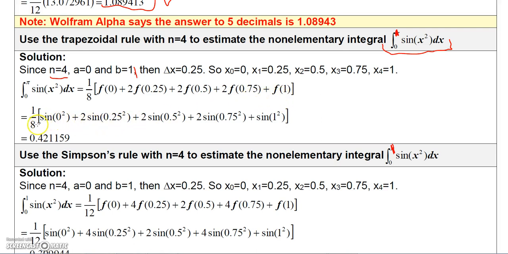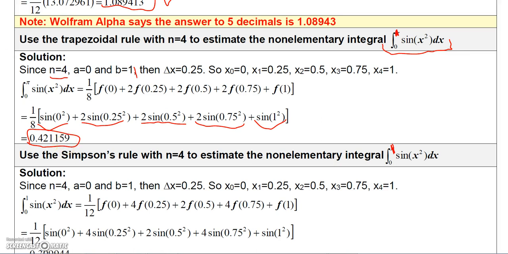So basically you'd be calculating the sine of 0 squared plus 2 times the sine of 0.25 squared, plus 2 times the sine of 0.5 squared, plus 2 times the sine of 0.75 squared, and then plus sine of 1 squared. Now make sure your calculator's in radians when you calculate that. When I added all of these up and multiplied by 1/8, I got 0.421159, and that was with the trapezoid rule.